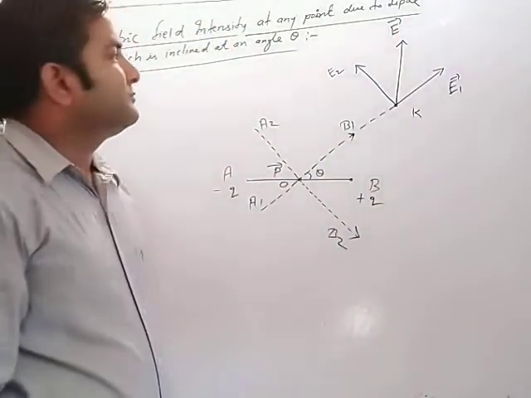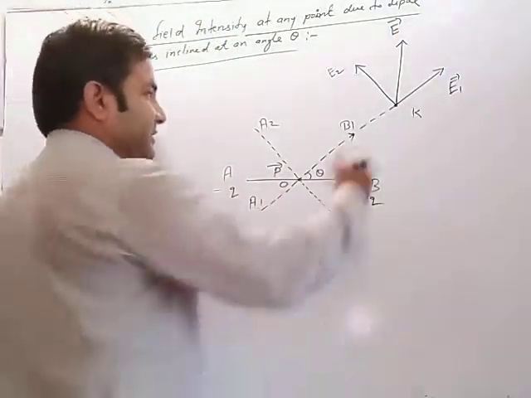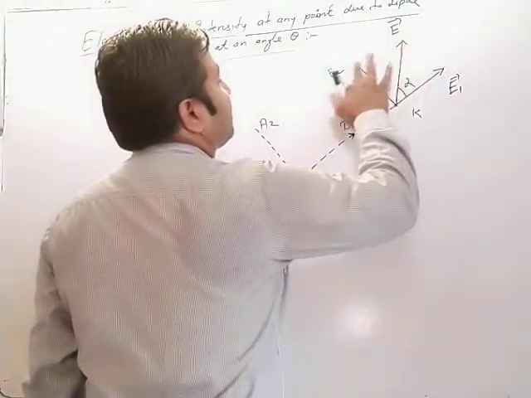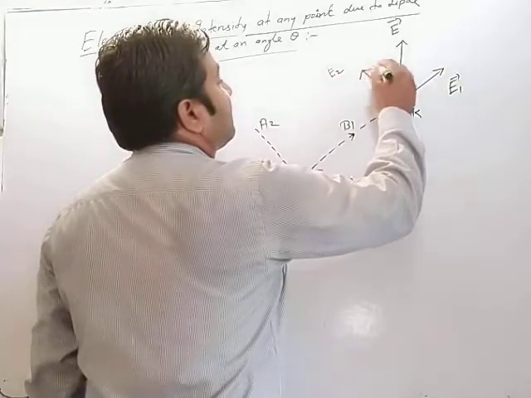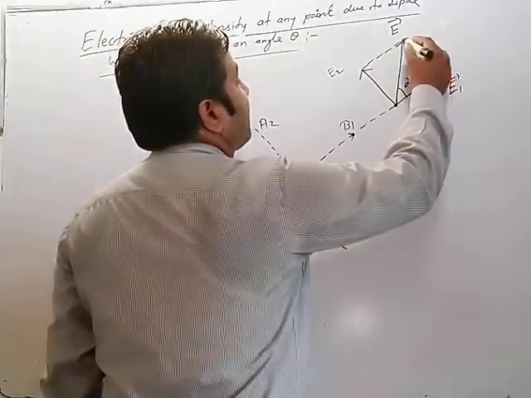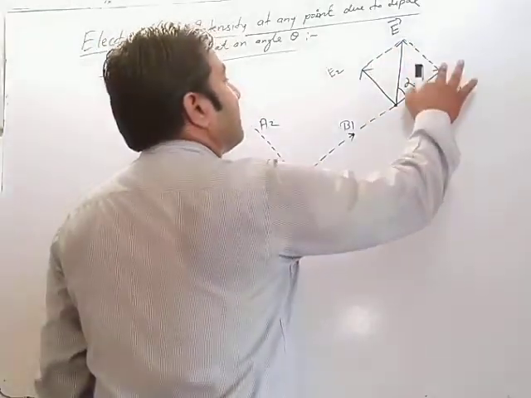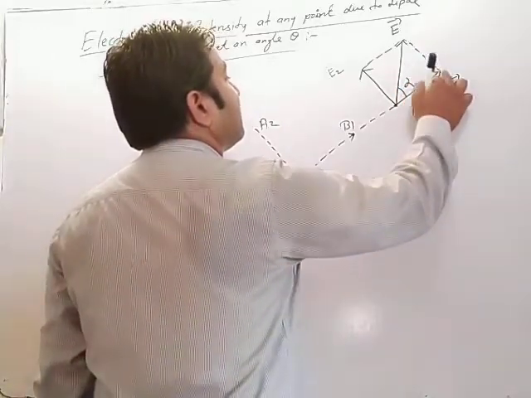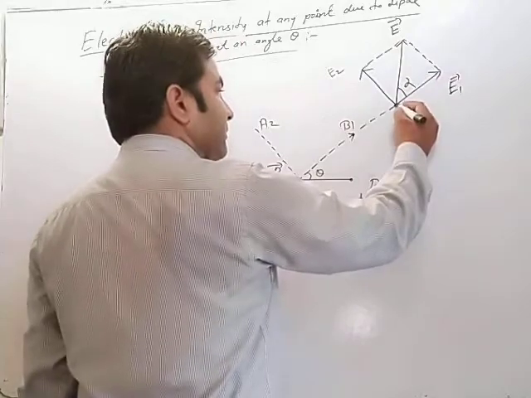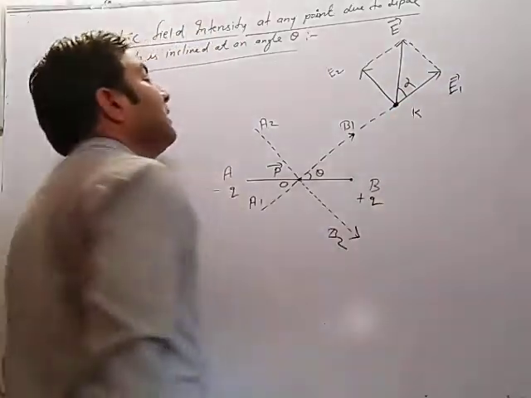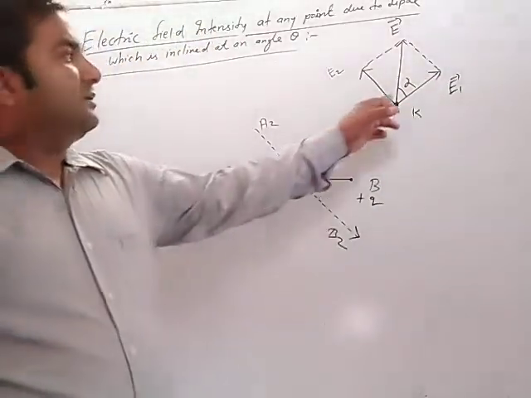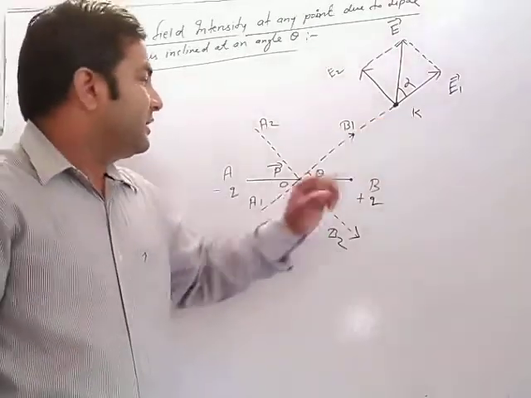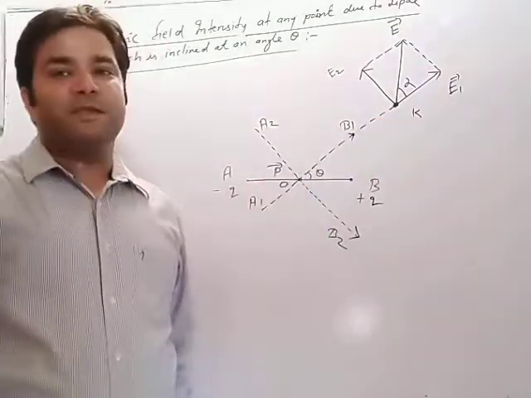Theta is given, another angle we take as alpha, and by completing the rectangle, with the help of this rectangle, you can calculate the resultant intensity at point K due to this dipole AB.